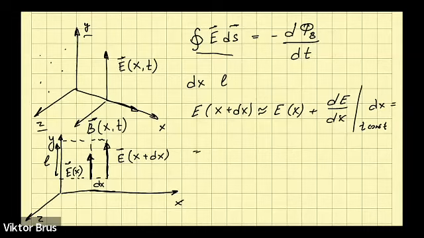That is E(x) plus a partial derivative of electric field over position, because the electric field is a function of two independent variables, position x and time t. So we take the partial derivative over position x, times dx.